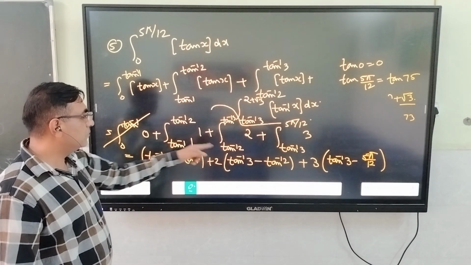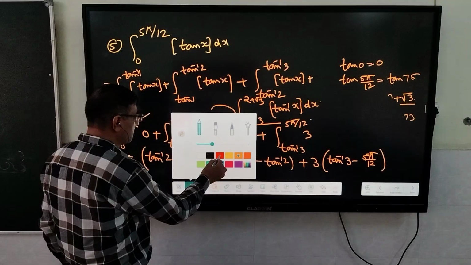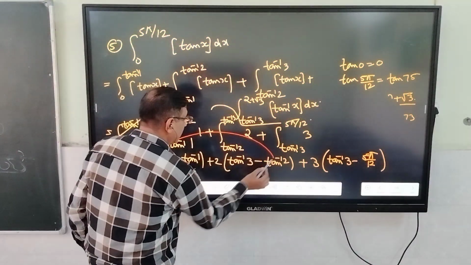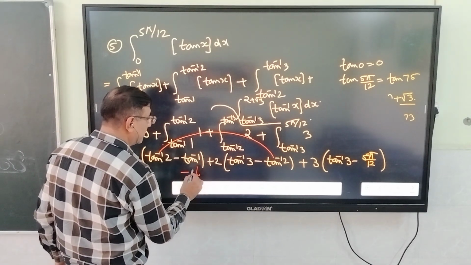Tan inverse 2 minus tan inverse 2, if we club this, tan inverse 2 minus 2 tan inverse 2, then it will become minus tan inverse 2.